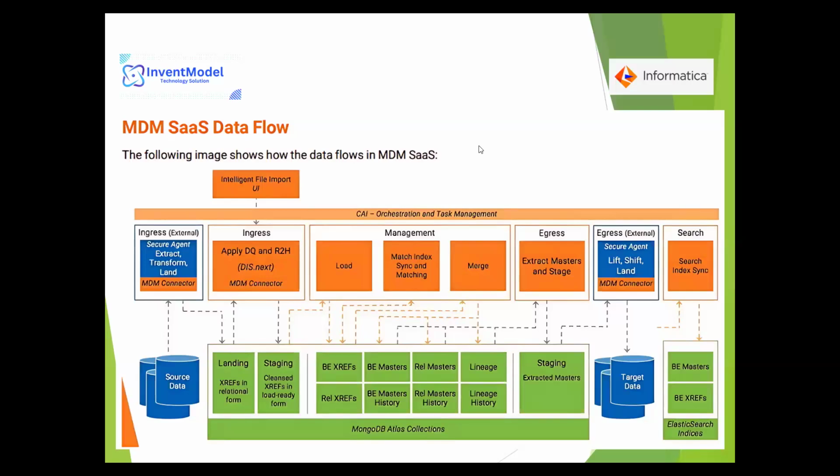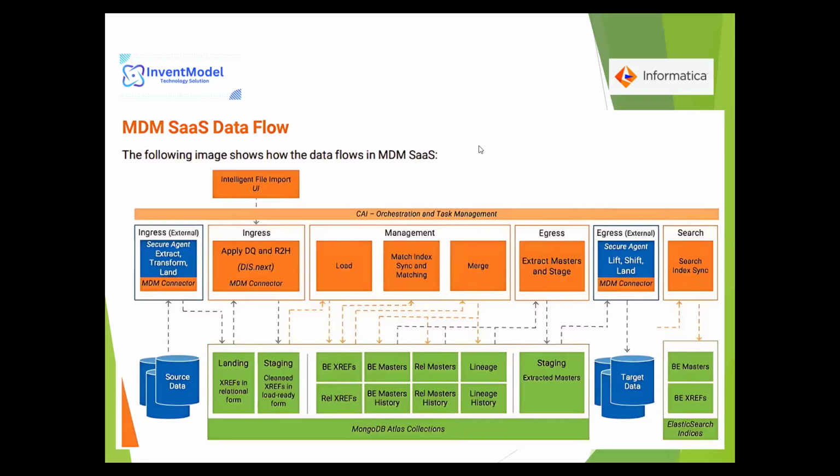These are external ETL processes, which we can do using this methodology. At the bottom, we have the data sources. These data sources can be flat files, web services, or any databases.